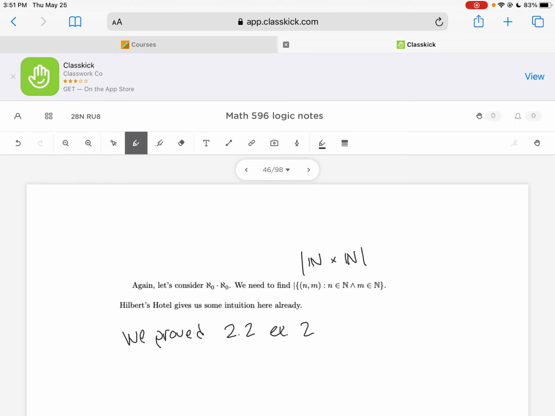And again, we want to be a little bit more careful here with a bijection, but we can define a bijection f from the natural numbers to N cross N as follows.